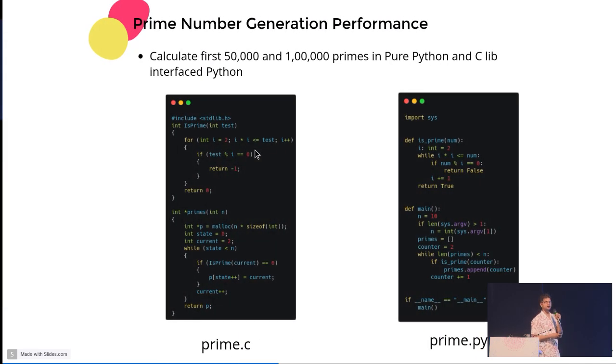Here it's a simple prime number generator that I have coded in C and Python. The left side is prime.c and the right side is prime.py. The algorithm is the same, but let's see which performs best. I'm comparing by generating the first 50,000 primes and the first 1 lakh primes.